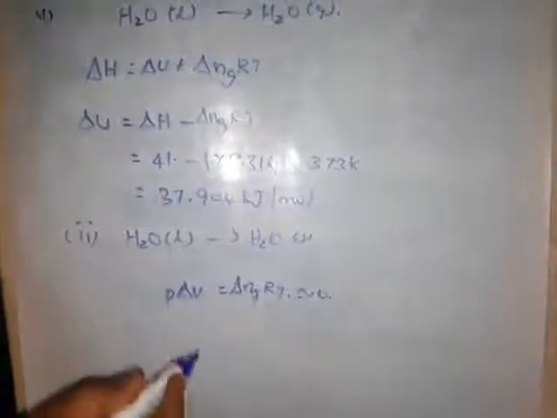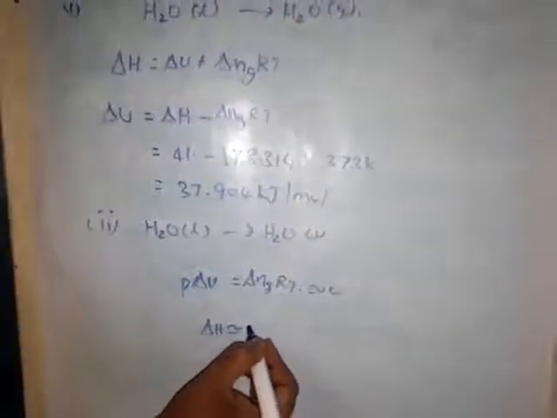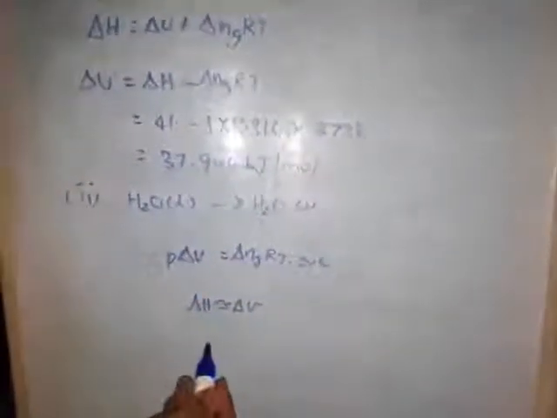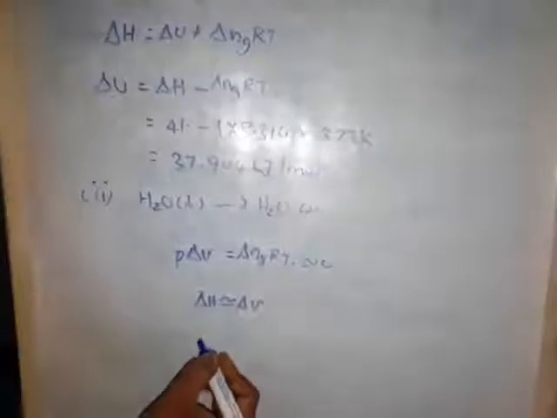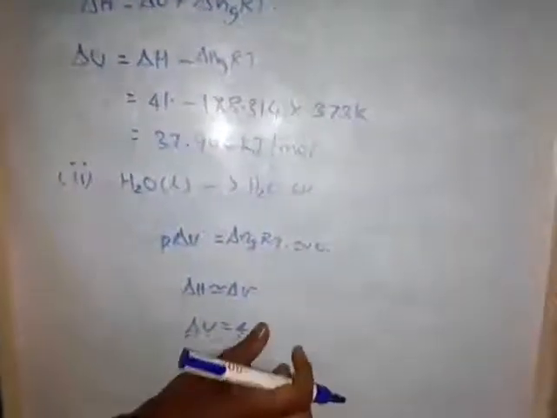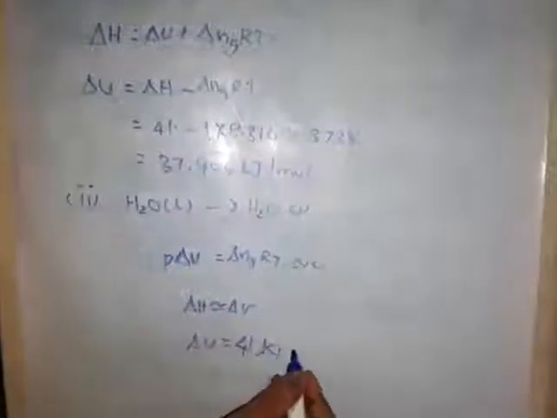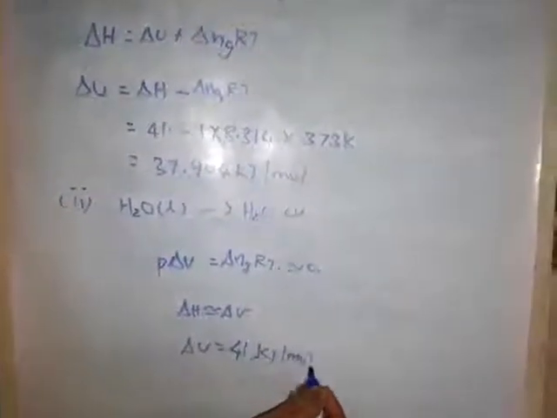In this case, delta H is approximately delta U. So delta H is 41 kilojoule per mole, so the delta U is also 41 kilojoule per mole.